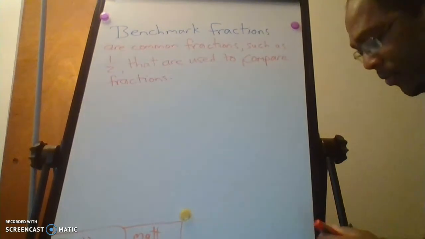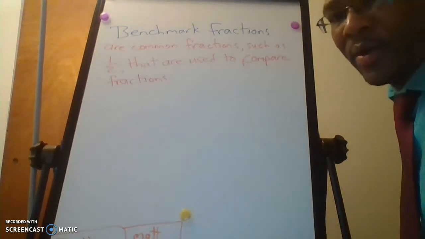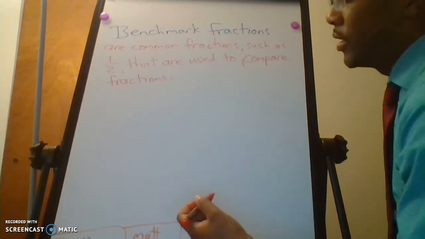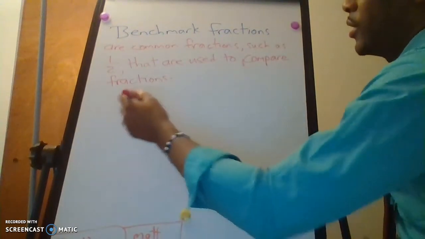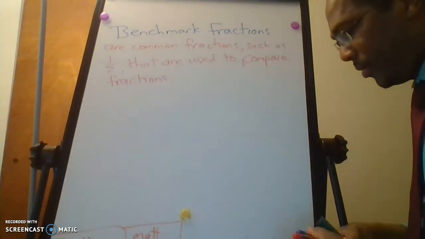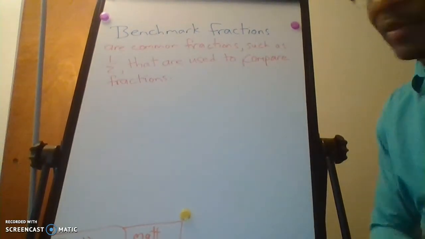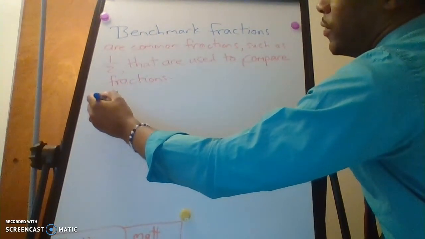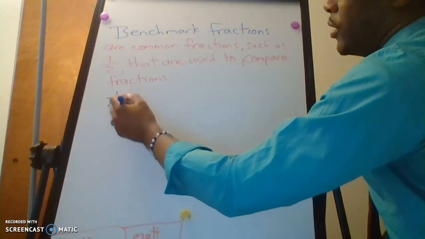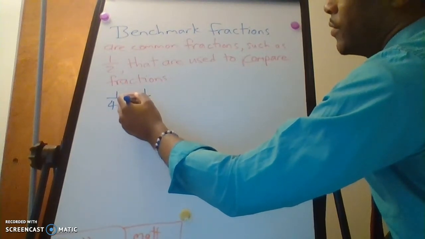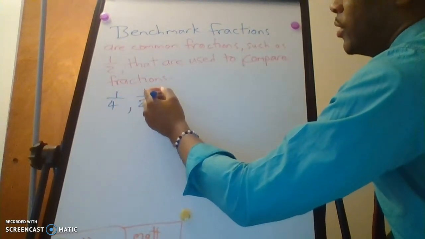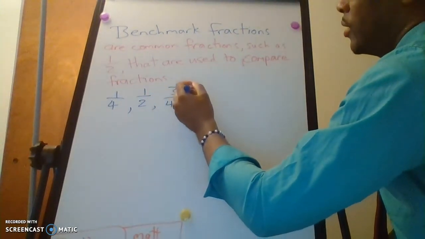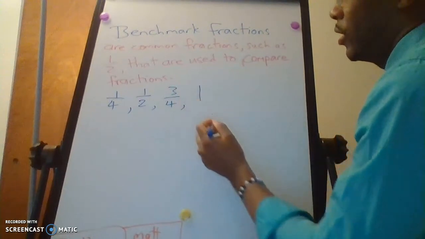All right. So there are a few different benchmarks that we commonly use. We can use 1/4 if we wanted to. We can use 1/2, or 3/4, or we can use 1.